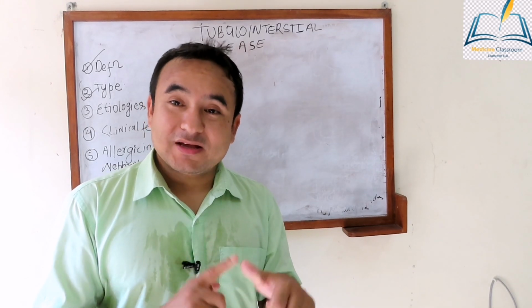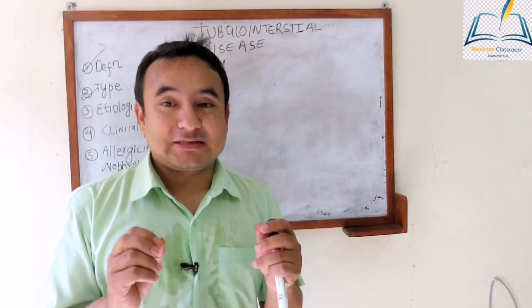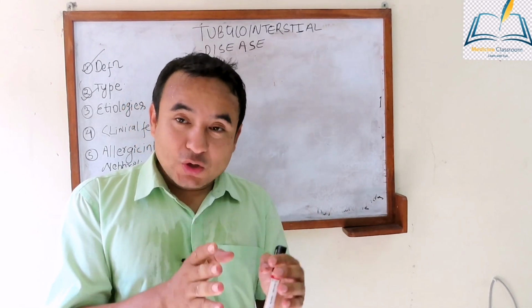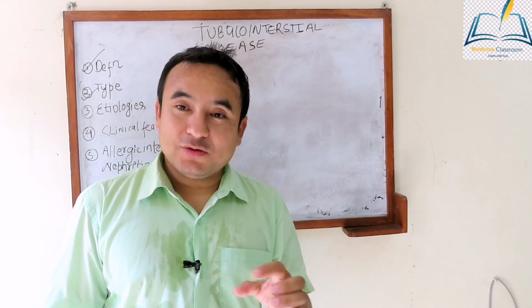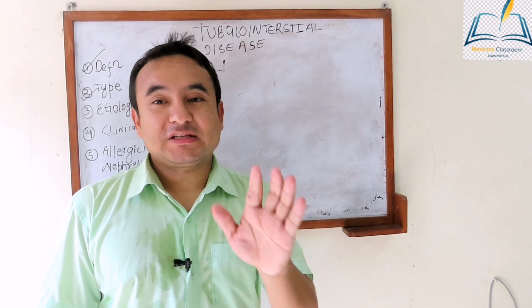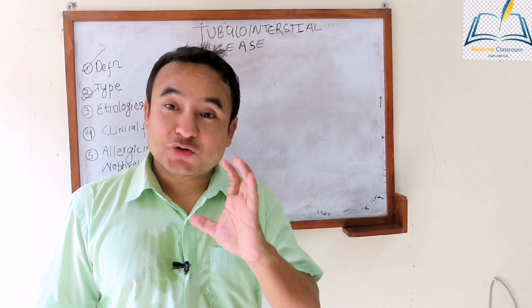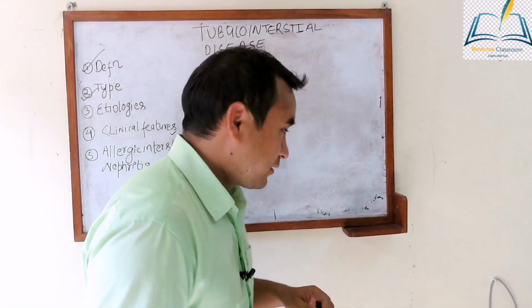In chronic, important causes are vesicoureteric reflux and sickle cell disease. Presentation-wise, acute is acute: there can be blockage of the tubules with oliguria and anuria, whereas chronic is an indolent process and usually presents with polyuria and different electrolyte problems.